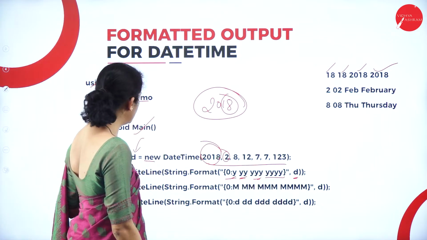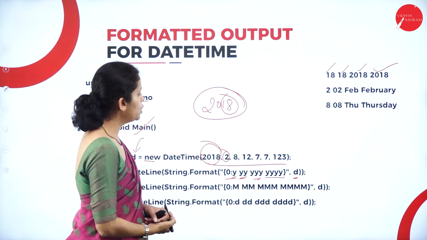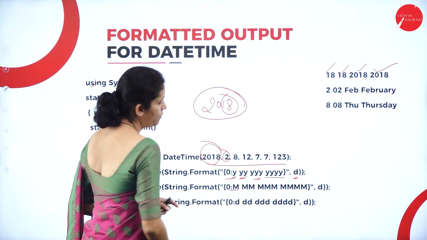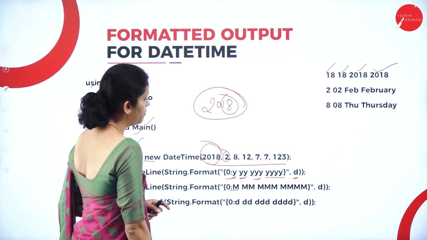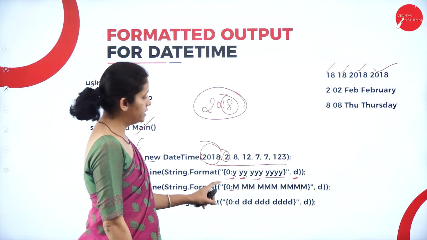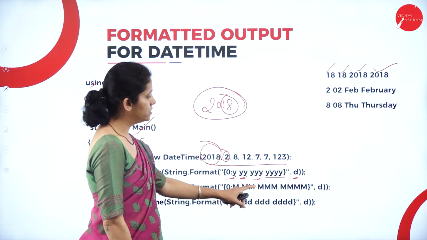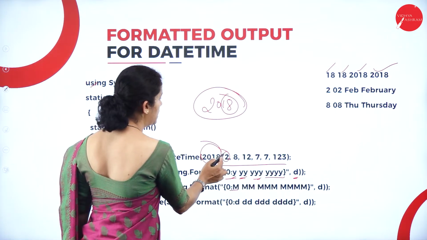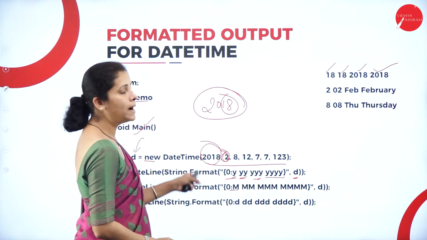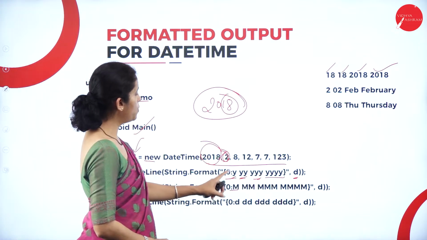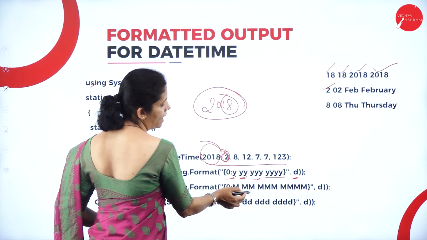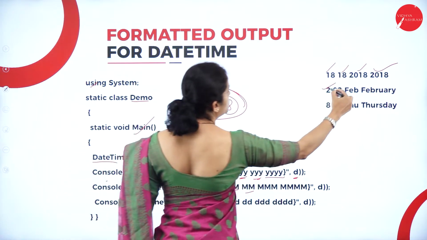Now, if I consider another one, I want to display only the month. And how do I want to display the month? That is in the form of a single digit. Here it is MM, MMM, MMMM. Okay, so if I consider this one, 2 is the month. If I have only one M, then I have 2. Now, if I have MM then it is 02.